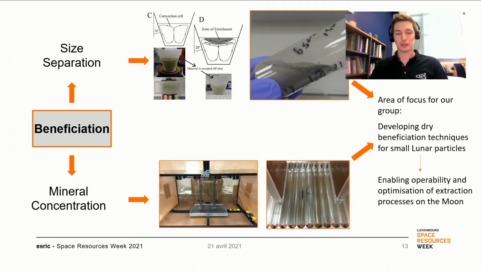So applying vibrations for size separation, and really trying to take a fundamental approach to understanding electrostatics for mineral enrichment. And the hope really is that this will enable operability and optimization of extraction processes on the moon, so that we can improve the efficiency of these.